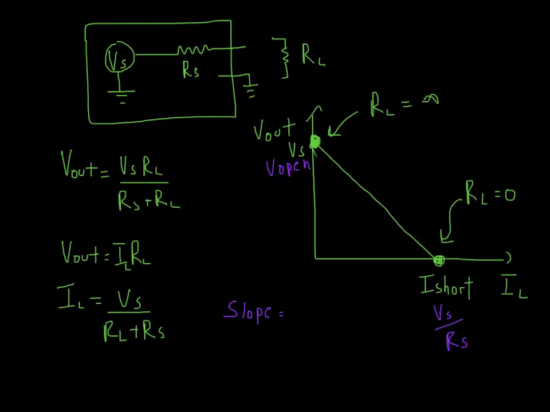So rise over run, we'll do this point compared to this point over here. We'll have Vs minus 0 over 0 minus I short.